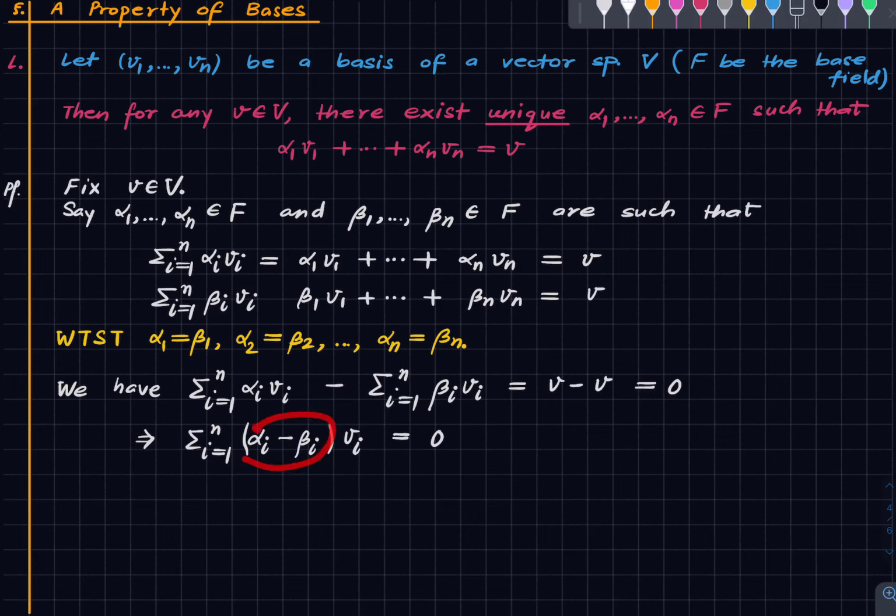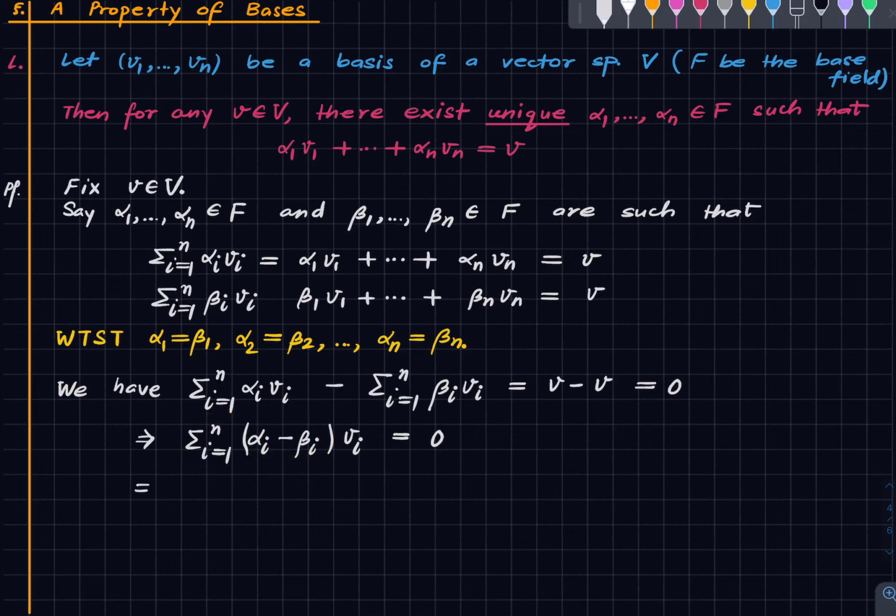So these are some scalars such that the corresponding linear combination of the vi's is 0. So therefore each of these scalars must be 0. Why? Because our list is a linearly independent list. A basis is in particular a linearly independent list, and hence the only way you can get a linear combination to yield 0 is that each scalar participating in the linear combination is 0.